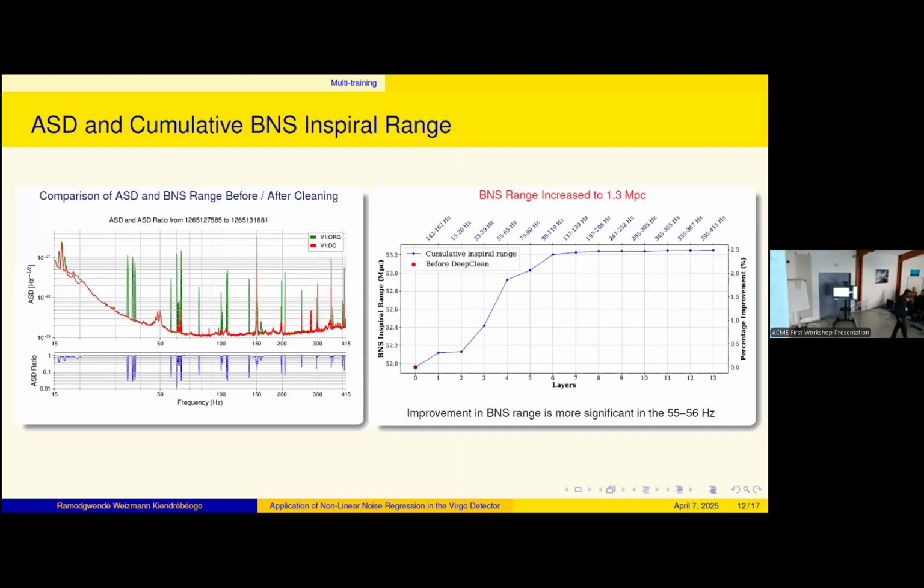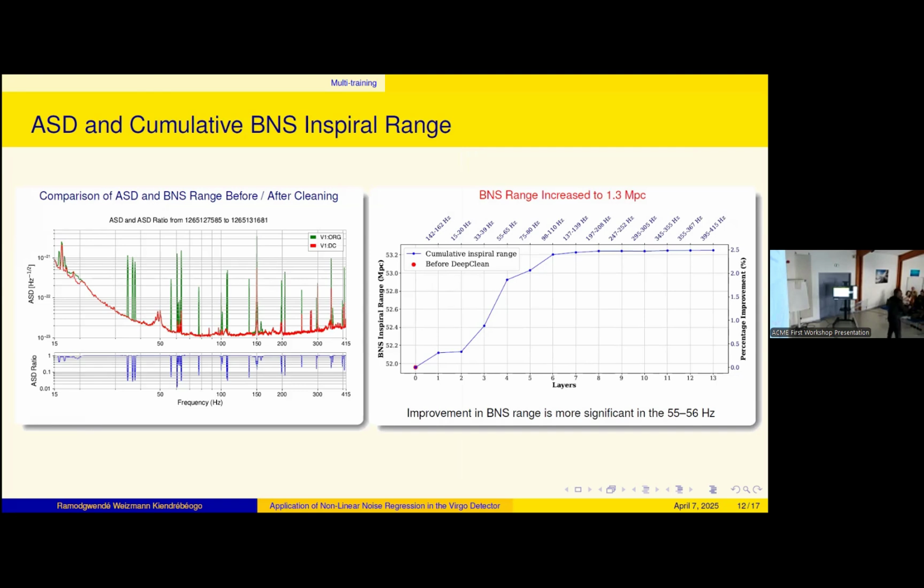Not really, because it's a little bit of a magic thing with machine learning. Sometimes we have a witness channel which measures a specific noise contribution. Sometimes maybe, but the problem with the noise is that we have seismic noise, and we can have electrical noise.